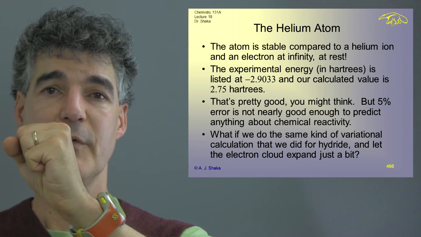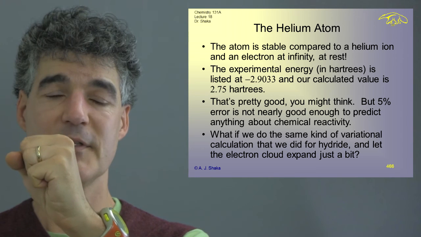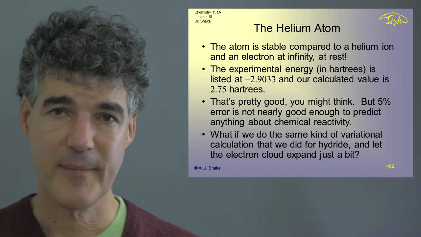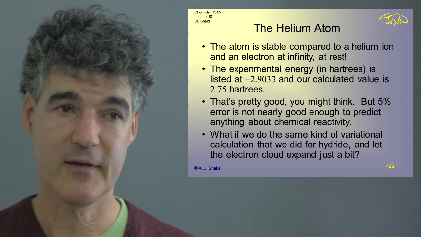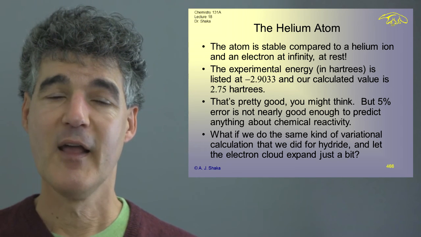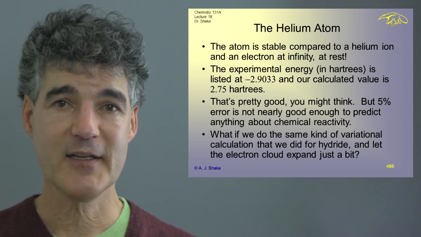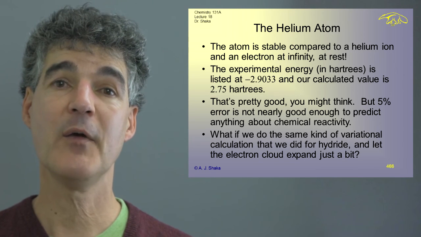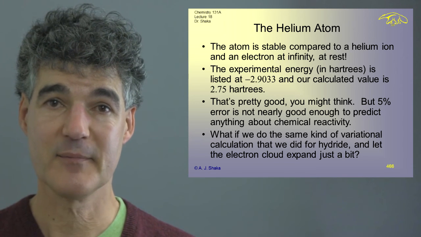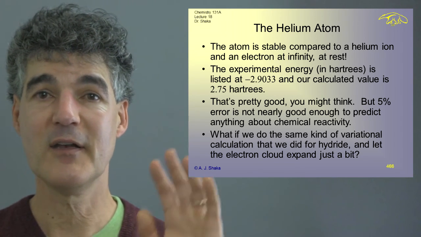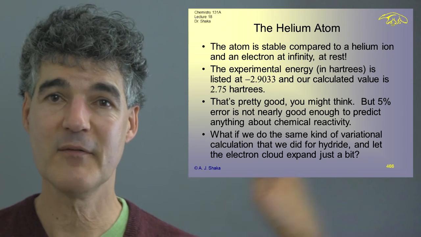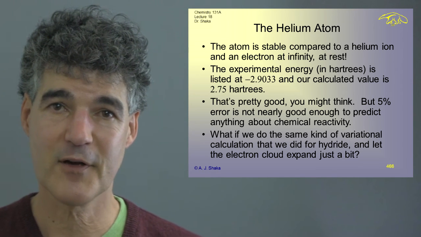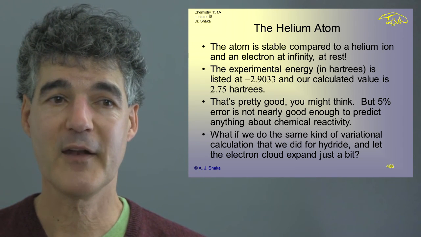So at least we got that it was stable, it wasn't unstable, but it's quite a bit of a difference between the correct answer. 5% error in these kinds of things is way off, unfortunately. That's like you didn't even bomb the right city, you didn't even bomb the right country, you're on a different planet in terms of your target, and therefore we can't do that.